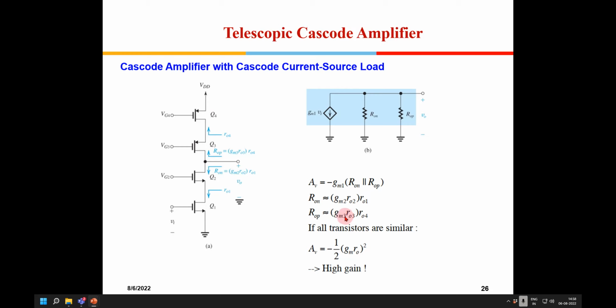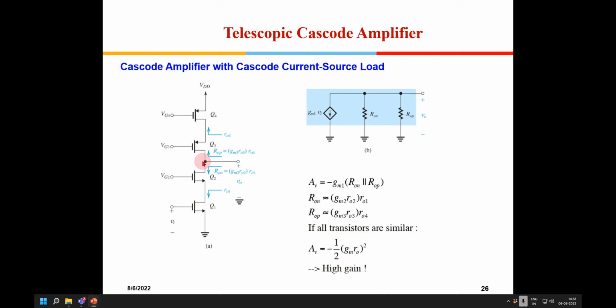For this also it will be GM3, R0. If I keep the GM of all these transistors close, and R0, the resistances looking into the top and looking into the bottom will come in parallel. So you have a GM R01, so this will become R0 squared, and the GM of this transistor also gets multiplied. So you get very, very high gain.